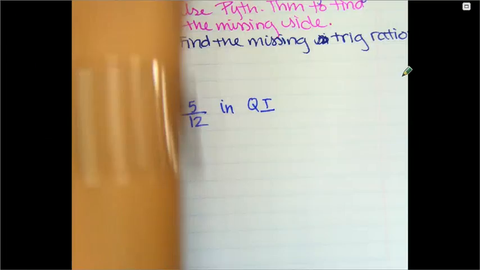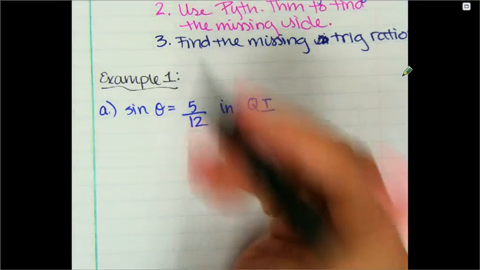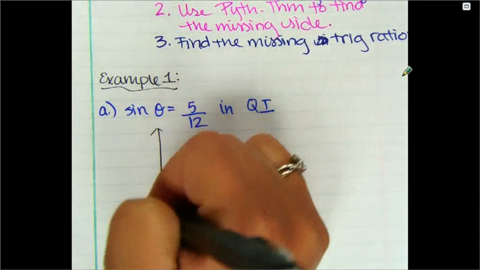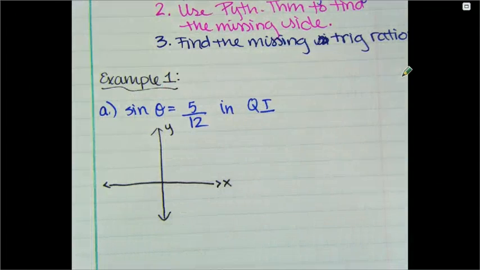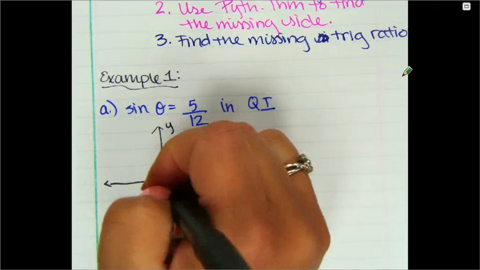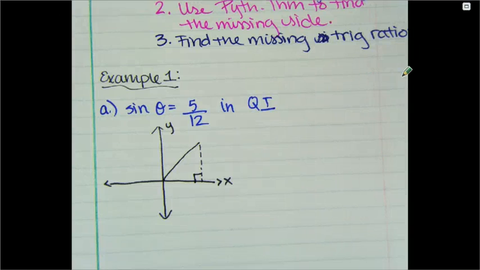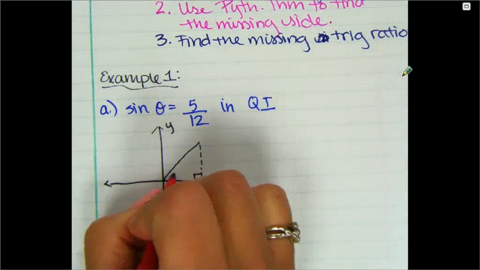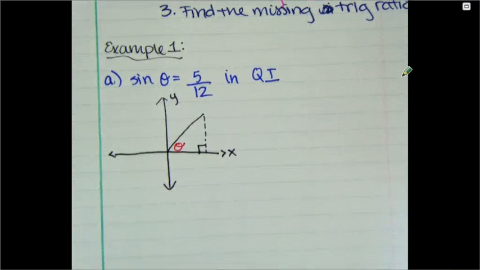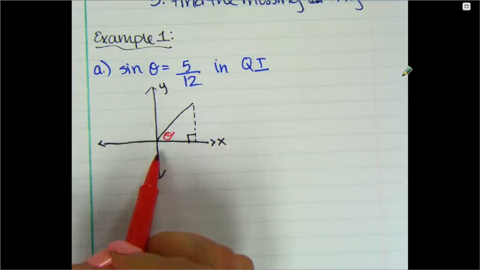So we have to draw a triangle, so it means it needs to be in a coordinate plane. So here's a coordinate plane. Here's x, here's y. We're drawing a triangle, yes? What kind of triangle? A right triangle, because all of them are right. Theta is located at 0, 0, on the origin. Make sure it's touching the x-axis, correct? I don't want people to draw it over here or down here, right?